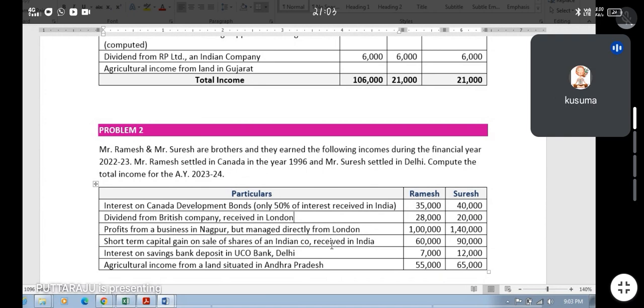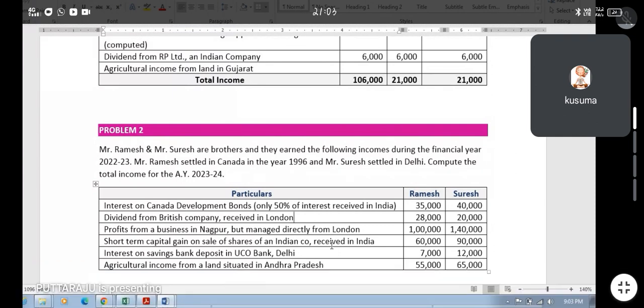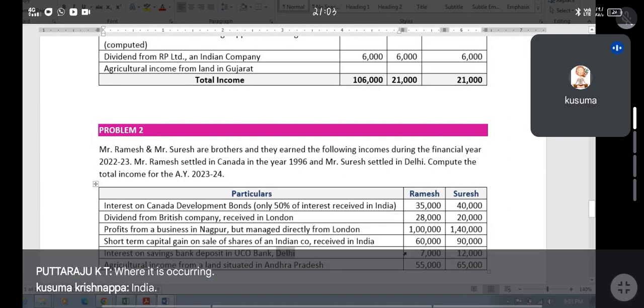It is for sure taxable for Suresh. Where is it accruing? India. So it is taxable in the hands of Ramesh as well.